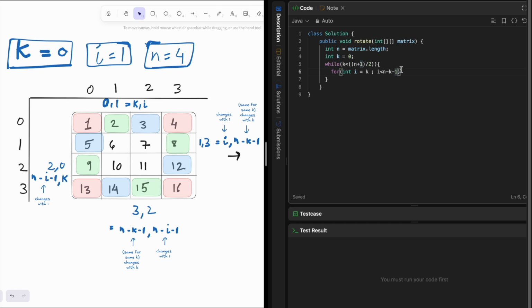So 0, 1, 2, and then I plus plus. When k is equal to 1, we are going from 1 to less than n minus k minus 1, which is 4 minus 1 minus 1, that is 2.